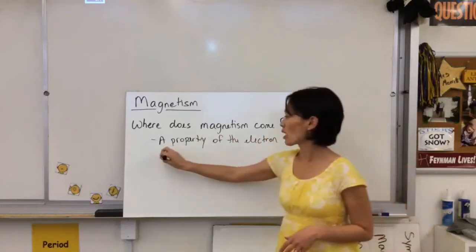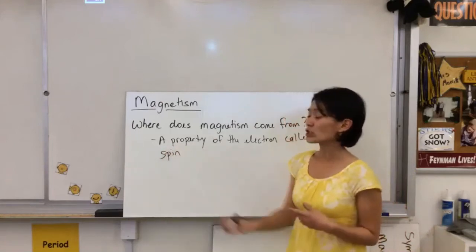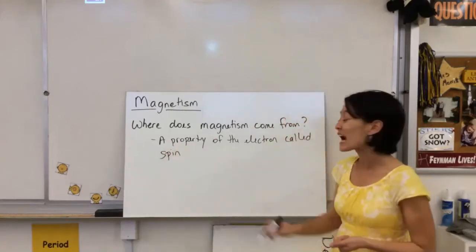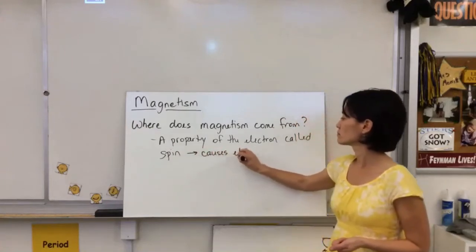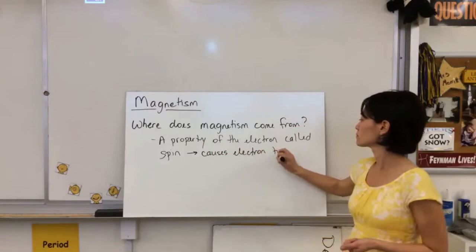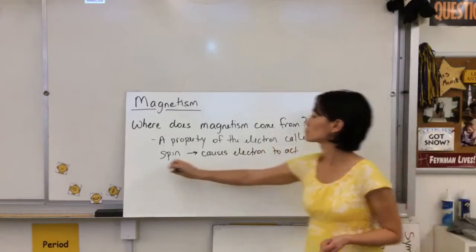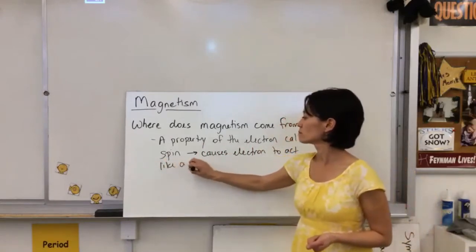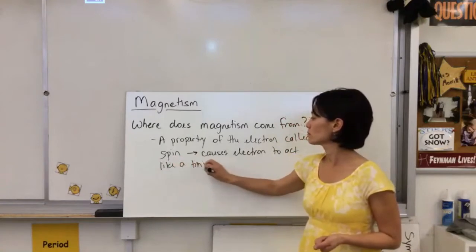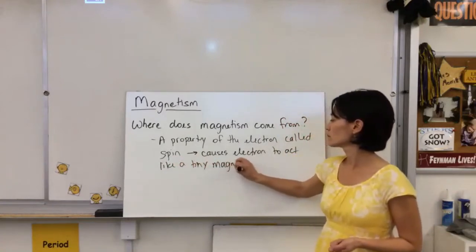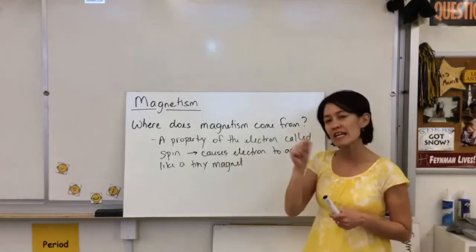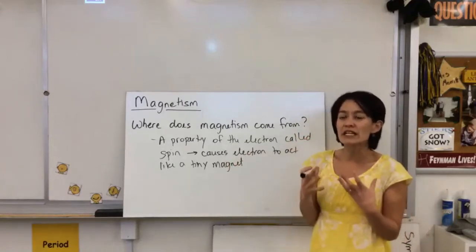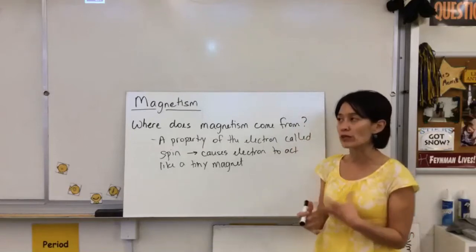And this property of spin actually causes the electron to act like a tiny magnet. And so every electron, just in its innate little movement, is going to have this tiny magnetic field associated with it.